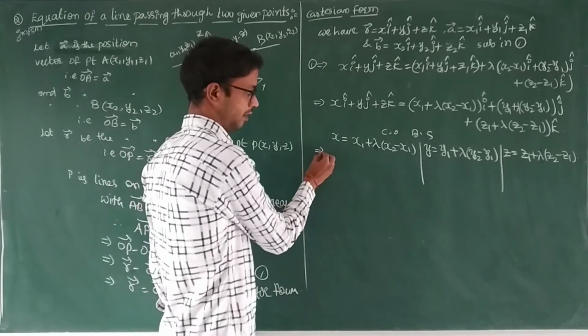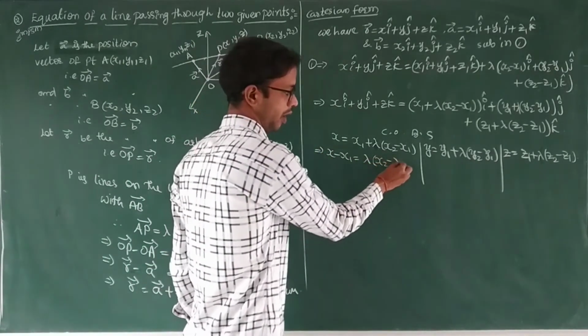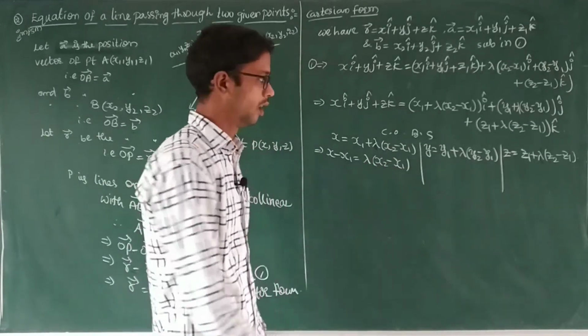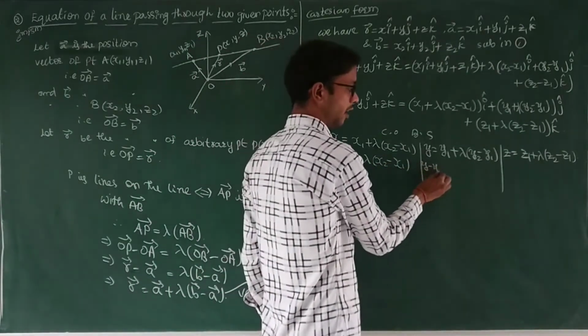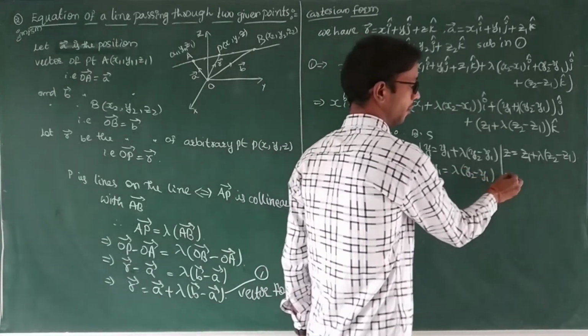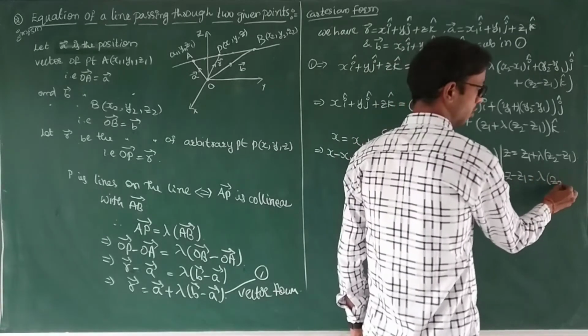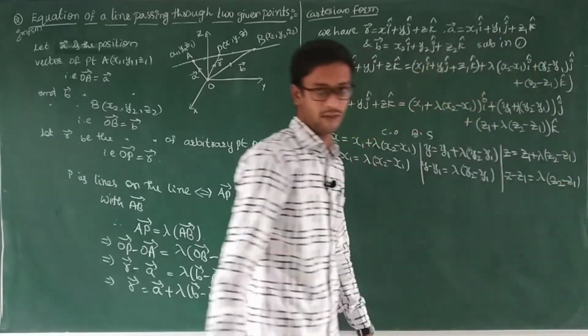So this implies x minus x1 is equal to lambda into x2 minus x1, y minus y1 is equal to lambda into y2 minus y1, z minus z1 is equal to lambda into z2 minus z1.